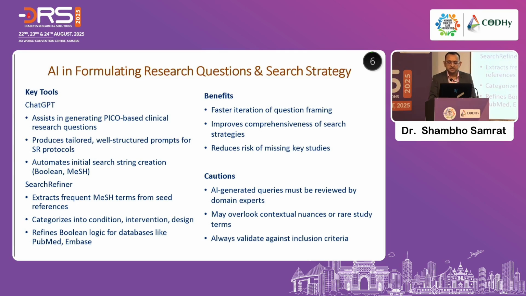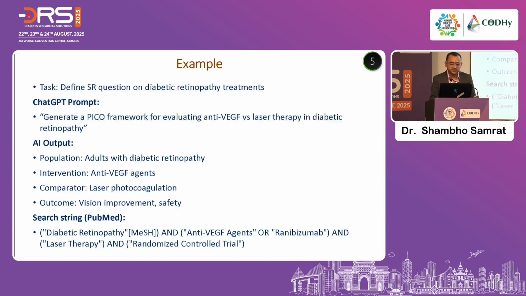So it is a faster iteration of question framing, improves comprehensiveness of search strategies, and reduces the risk of missing key studies. And when we talk about the difficulties with using this type of tools, of course, it should be reviewed again by the domain experts, because they may overlook contextual nuances or rare study terms, and it is always important to validate the inclusion criteria.